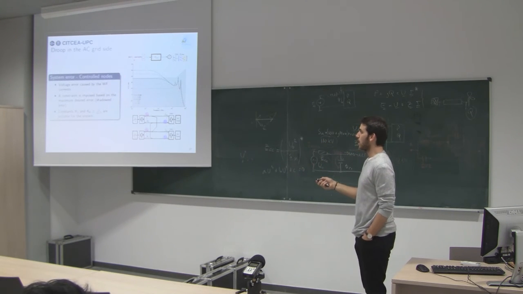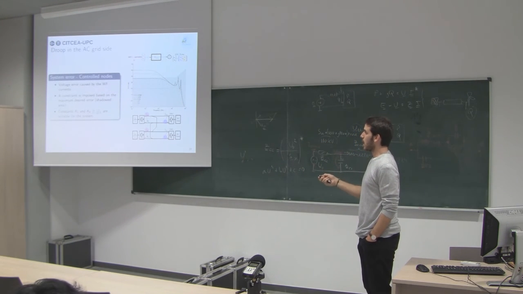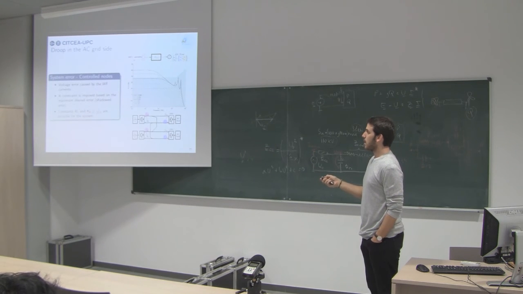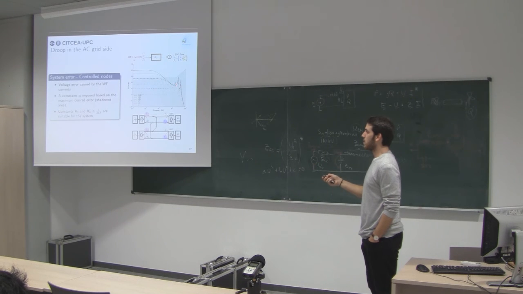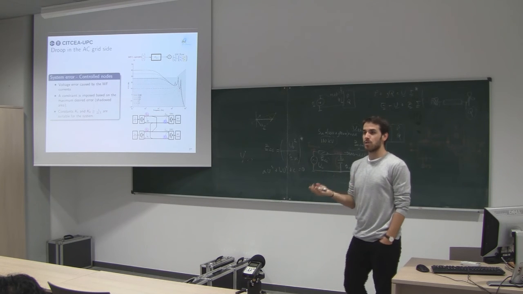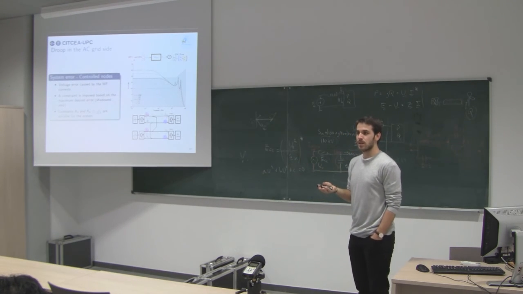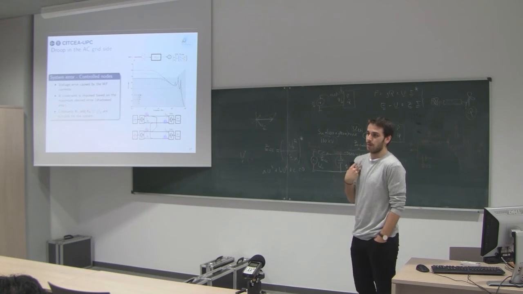Based on those values, I calculated these limitations here, and these are the gain of this transfer function. All the system gains above this shadowed area were not suitable for the system because they were exceeding the system error defined by myself.